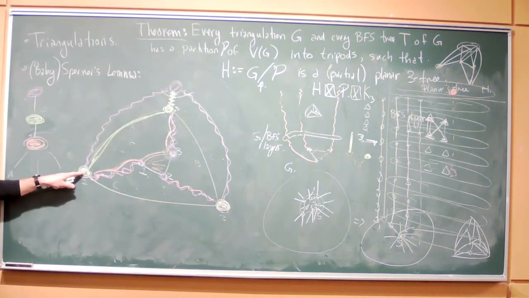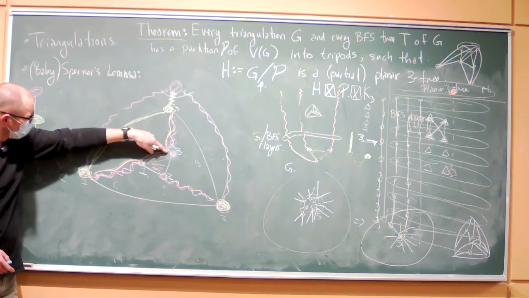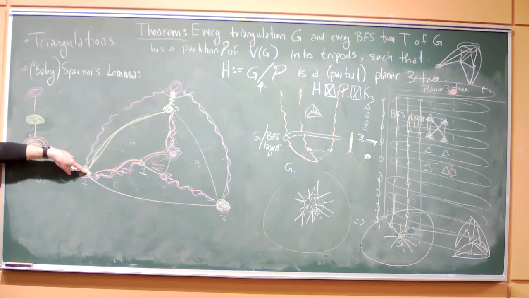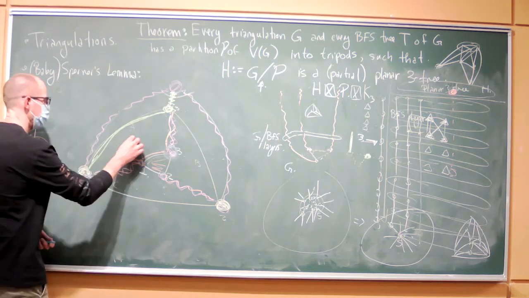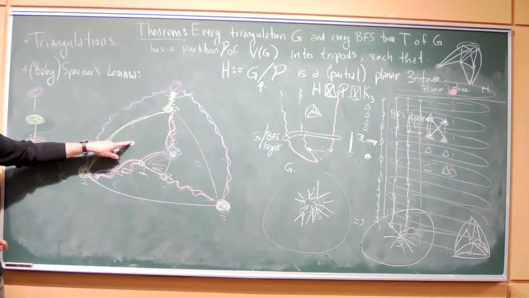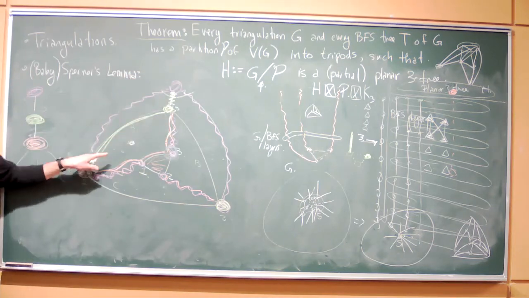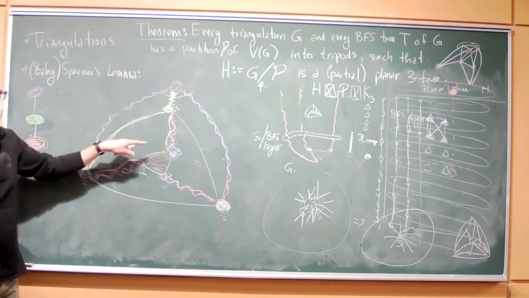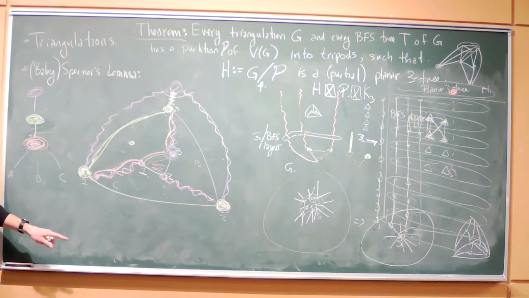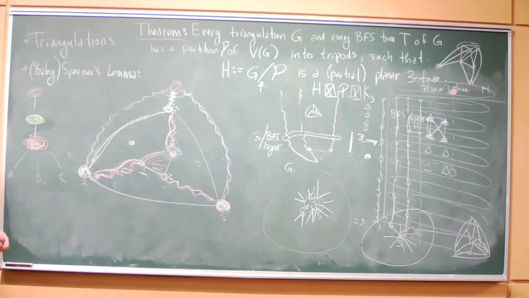So now I have a green interval, a blue interval, and then a pink interval. And if I look at a vertex in here, it has a path in the BFS tree up to the root. It's stuck inside this cycle, so that path has to cross this cycle somewhere. And that means it has to pass through one of these vertices.